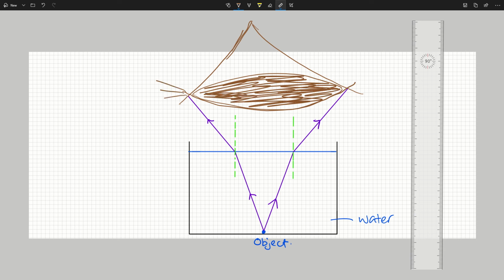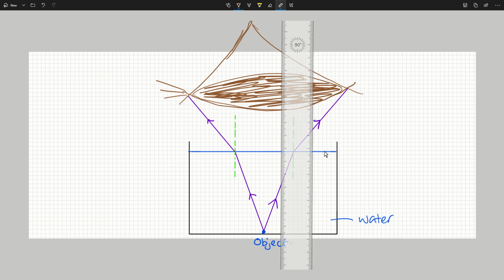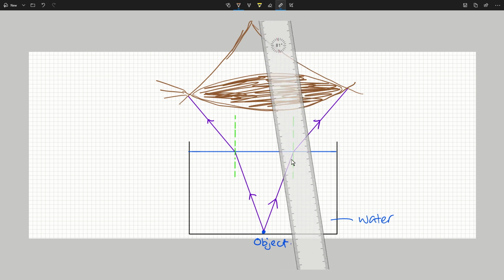This is a side view of your eye. Okay, and how does your eye see the image of the object? This is actually how your eye sees the image of the object.